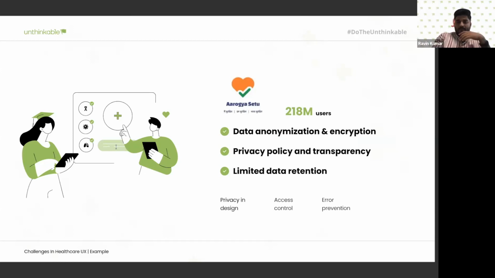As you can see, almost 218 million people use this particular application. And the way they have achieved it is through data anonymization. What is it? They have given anonymized device IDs to all the users, ensuring that personal identification data is not really revealed.